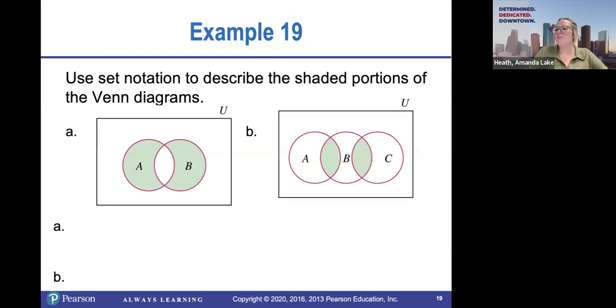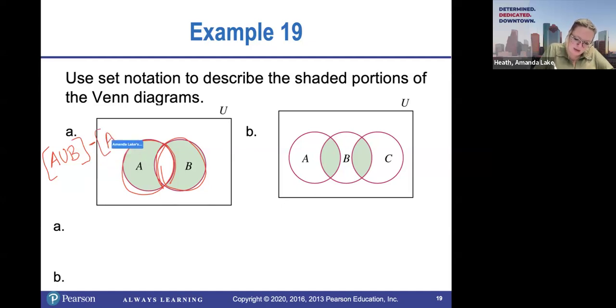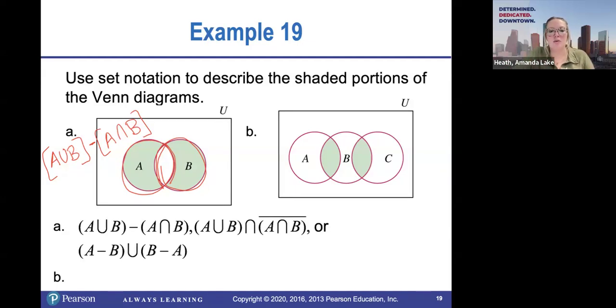So for example, with this example on the left, where we have all of A shaded except for its overlap with B, and all of B shaded except for the overlap with A. One way I see us representing this is to say A union B set difference with A intersect B. So that would be taking the union and then subtracting out the overlap. That's one way you could represent it, but there are several other ways to do this.